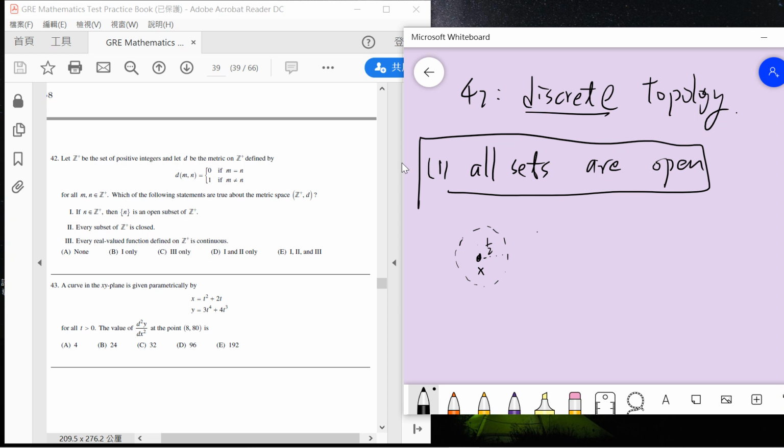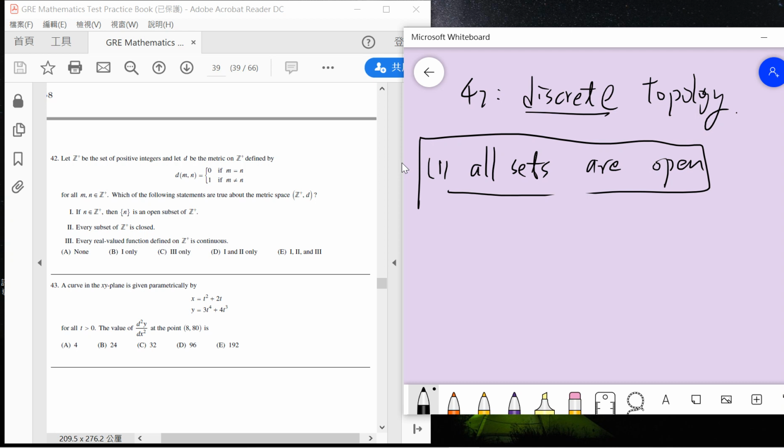So every point in any non-empty subset is open. So it tells you that all sets are open. So the first one is correct.